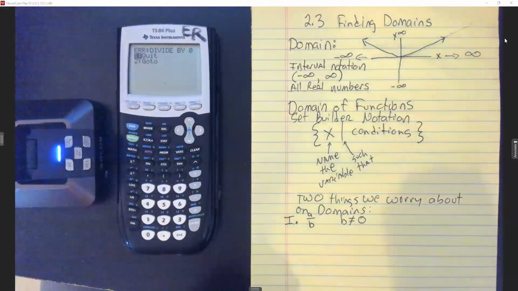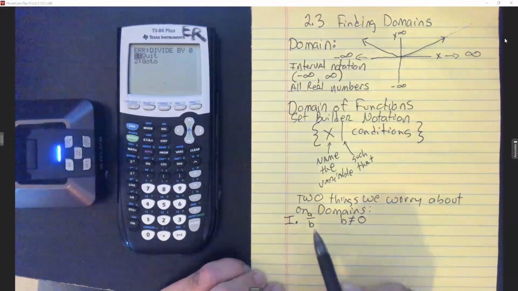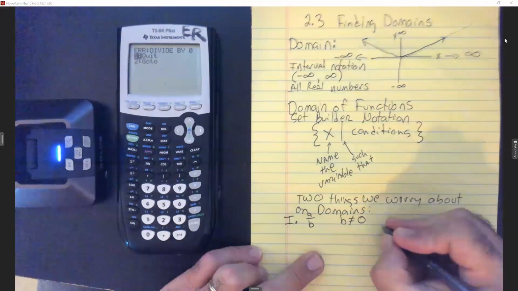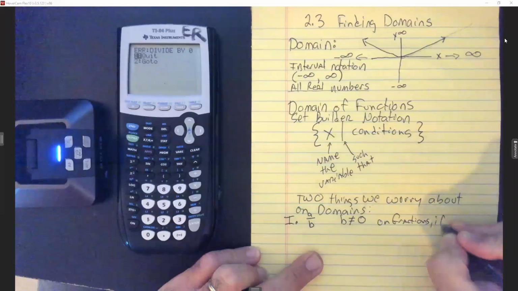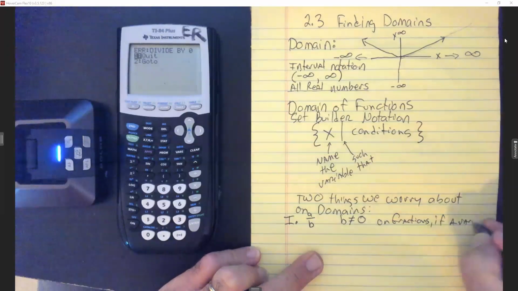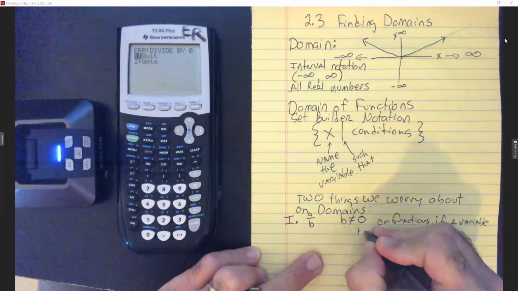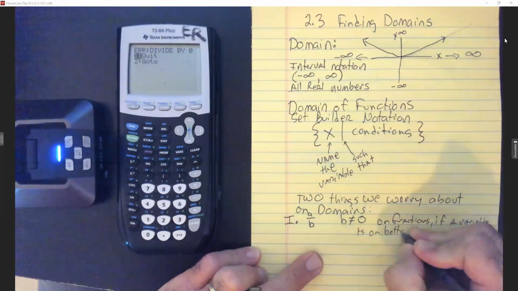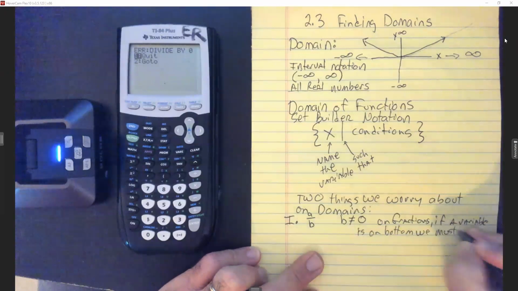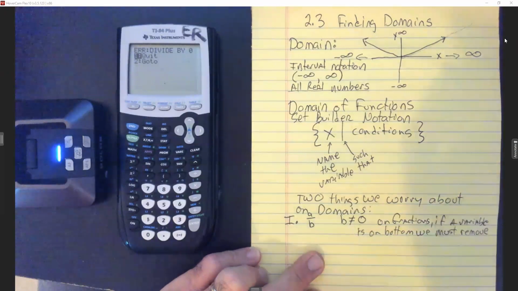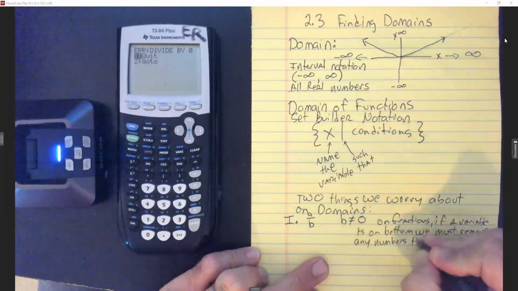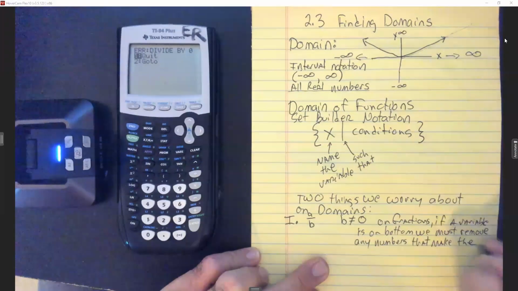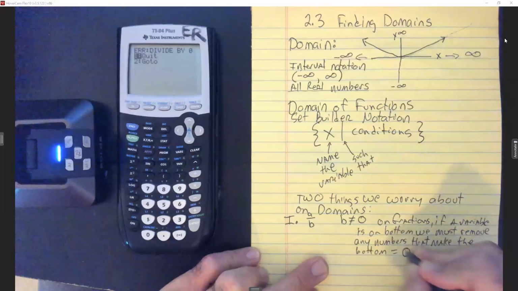So if we got fractions and there's a variable in the bottom, we got to worry about it. So on fractions, if a variable is on the bottom, we must remove any numbers that make the bottom equal 0. Okay, so the bottom of that fraction cannot equal 0.